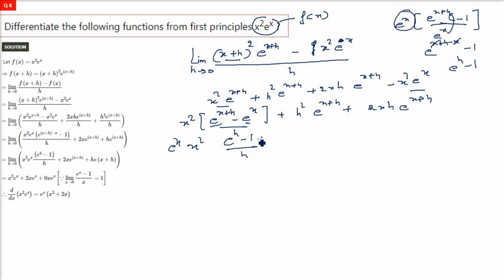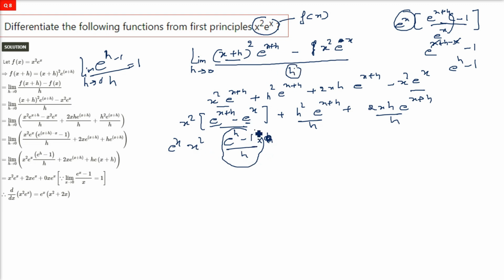So I am taking h for every term. The first thing which we will do is divide by h and multiply by h. That's what we do normally. But because we have an h in the denominator already, e raised h minus 1 by h is already there, so we don't have to multiply by h, and limit h tends to 0 is going to be applied, and this whole term in the boundary is going to be 1.